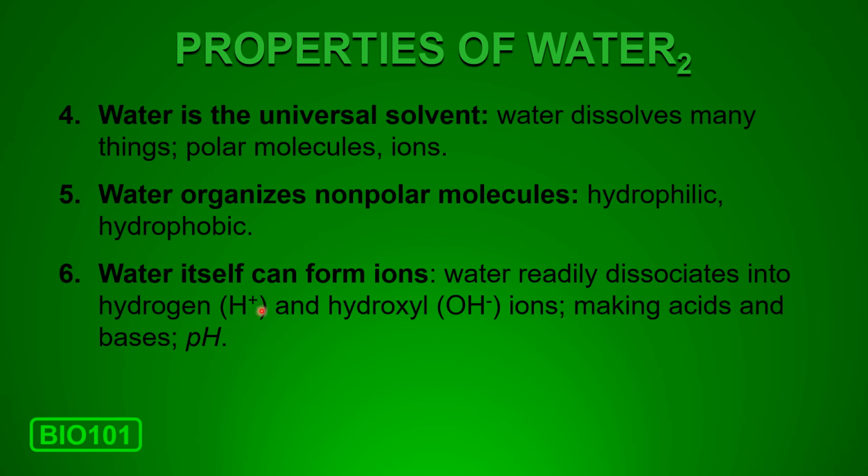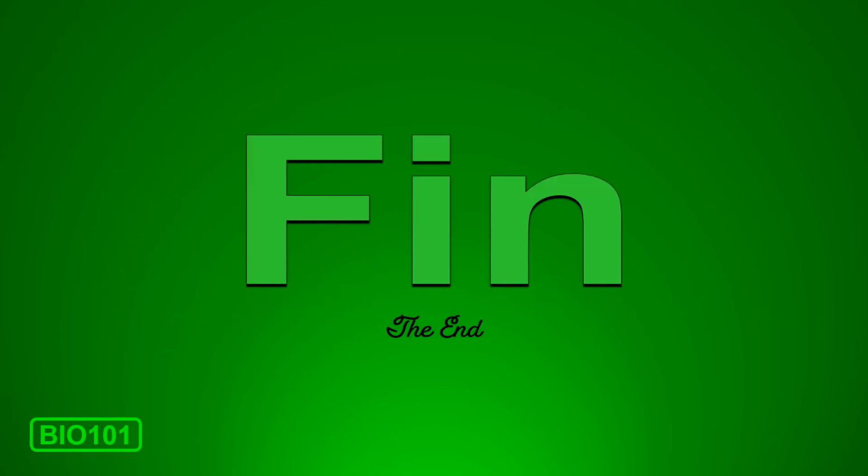So we have a hydrogen ion, or hydronium ion, and a hydroxyl ion, and that's how you make acids and bases. That's the essence, or the basis, of pH, which is how acidic or how basic any substance is. We'll talk more about pH in the next chapter.